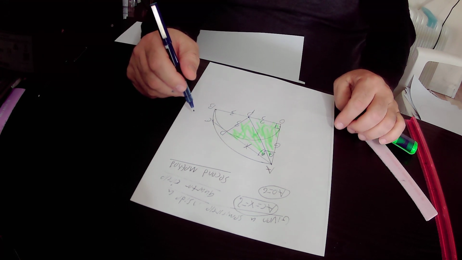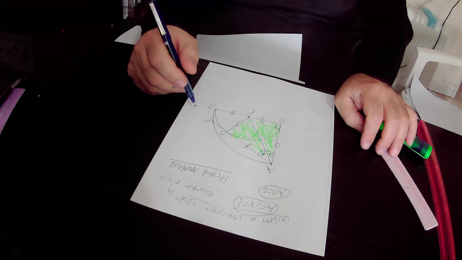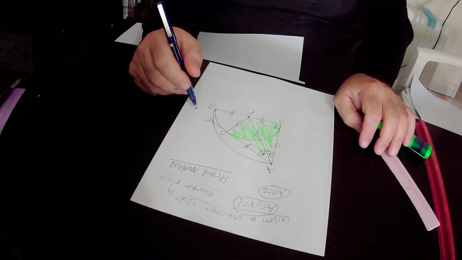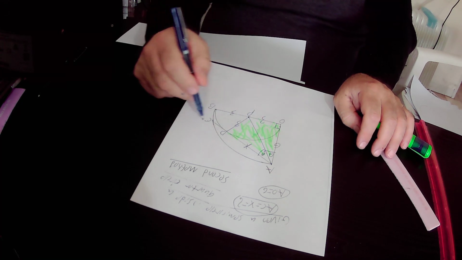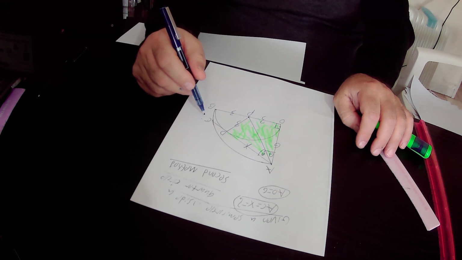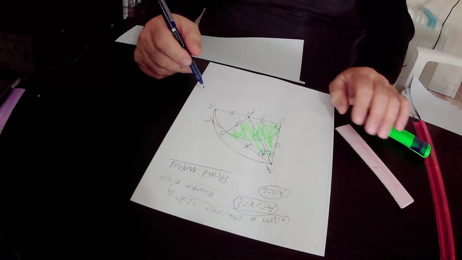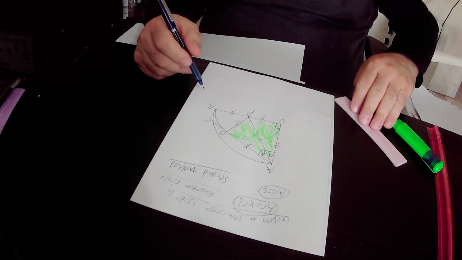Okay, so from here we will do something different that we didn't do in the first method. We'll extend line segment AC, and we will extend line segment OB by a straight line until they intersect with each other.